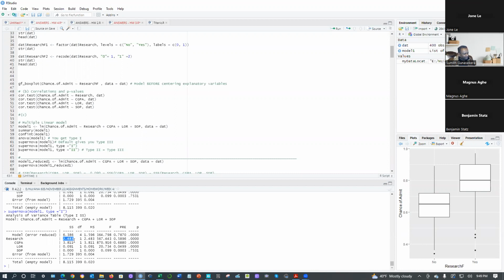If you add these, they will add to that 6.386. Let's say this one 6 because it has been rounded.